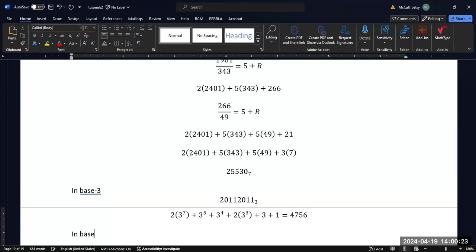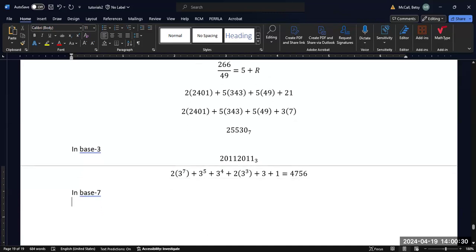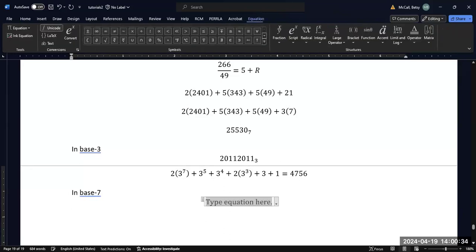And in base 7, now in base 7, I'm allowed 7 characters, so 0, 1, 2, 3, 4, 5, and 6. So if I have a number 4, 6, 1, 0, 3, 2 in base 7, then again, this is my 1's digit, this is my 7's, 49's, 7 cubed, 7 to the 4th, 7 to the 5th.